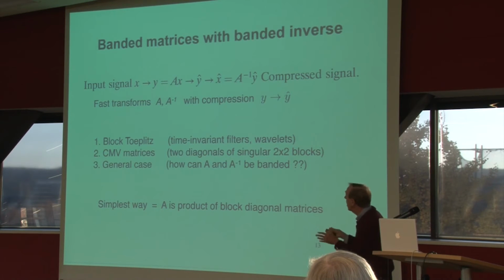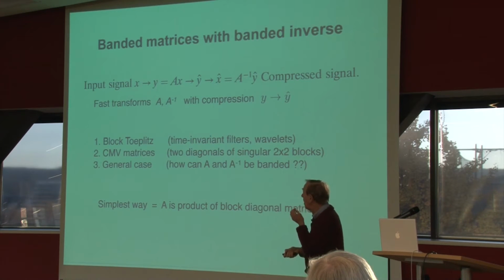But here I'm looking also for A inverse to be fast. So I'm looking for matrices with this property: a matrix that's banded, and also its inverse is banded. And if we think about it, not so many matrices have that property.